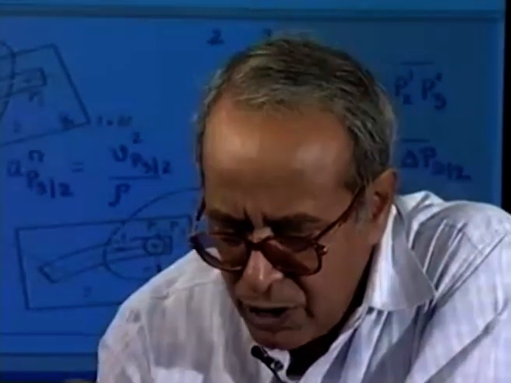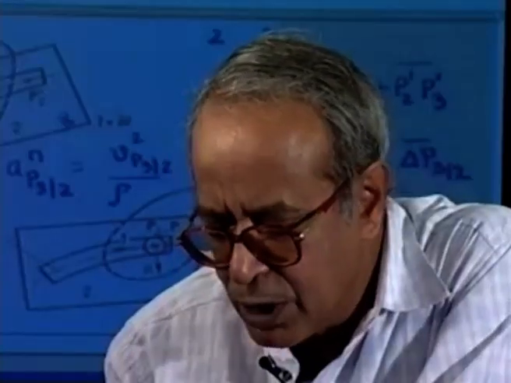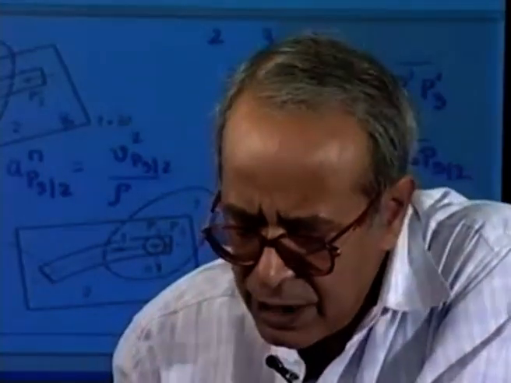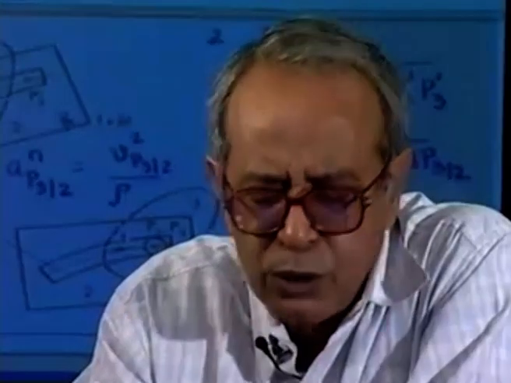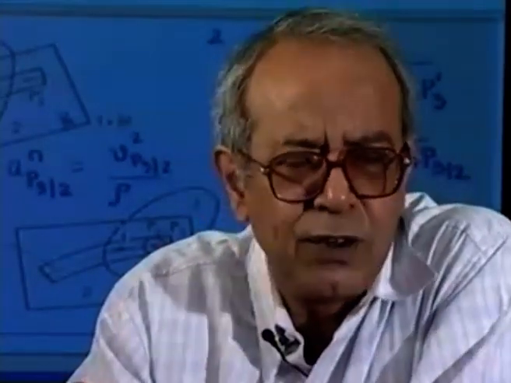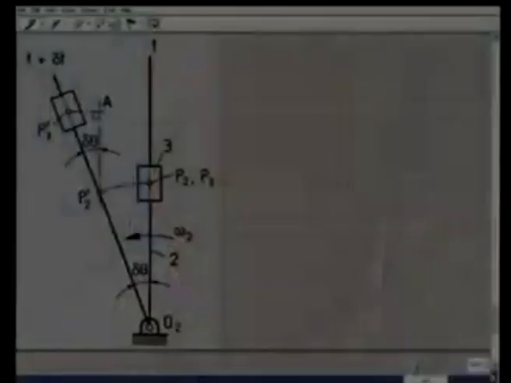We have not proved why this Coriolis component of acceleration comes. However, I will take a simple example to demonstrate the existence of this component. To demonstrate the existence of the Coriolis component of acceleration, let us again consider two rigid bodies, namely body 2, which is this rod, hinged at the point O2, and another rigid body, namely 3, that is this block, which is constrained to move along the rod.